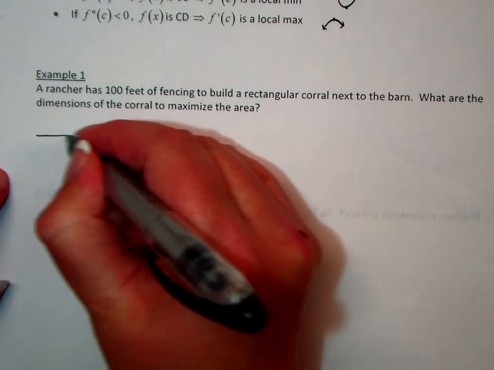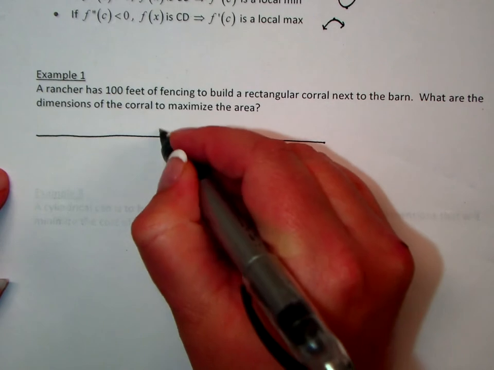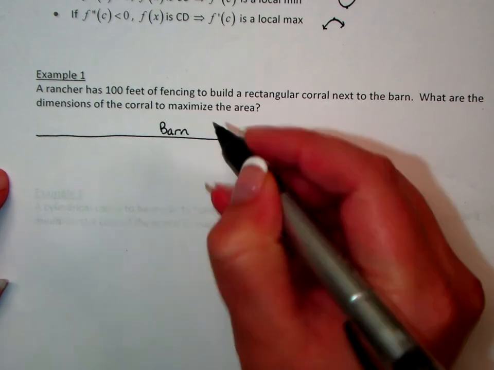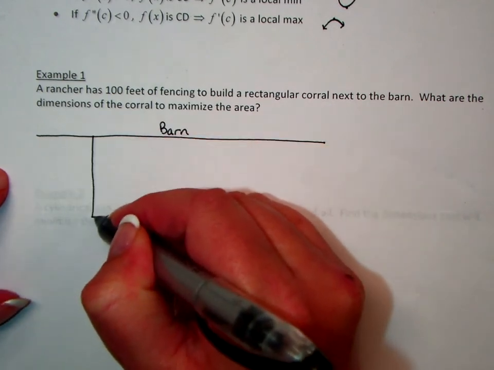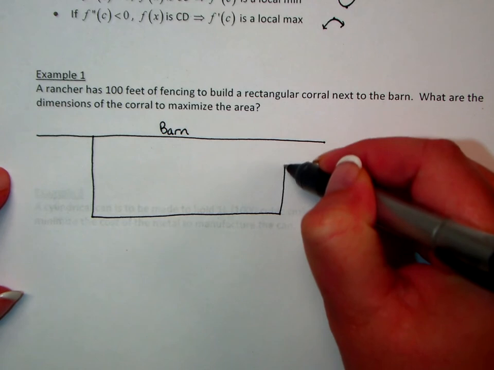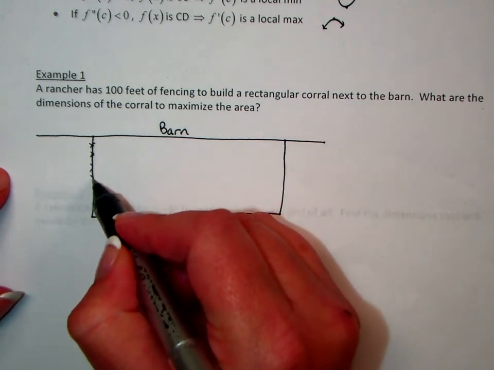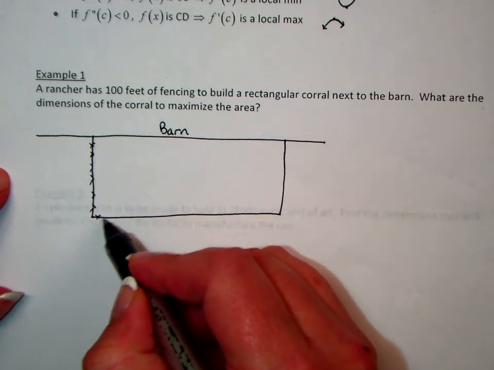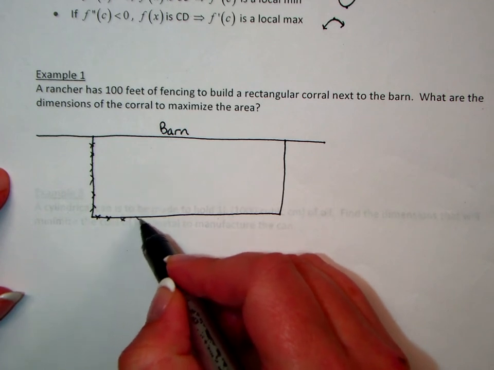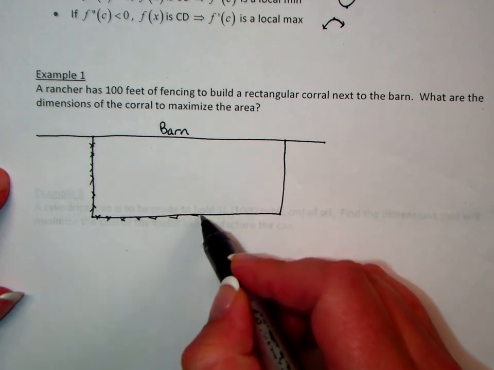All right, so I'm going to draw a picture here. Here's the barn, right, and here is my corral. So the fence really is just 3 sides, right? Here's my little fence, okay, with the wires sticking up, right?